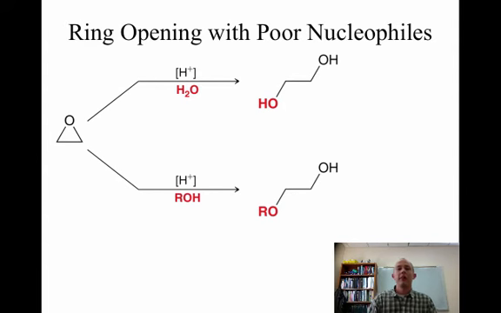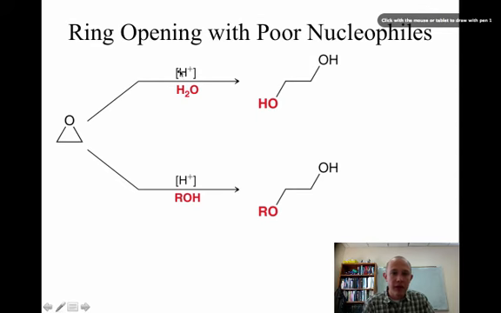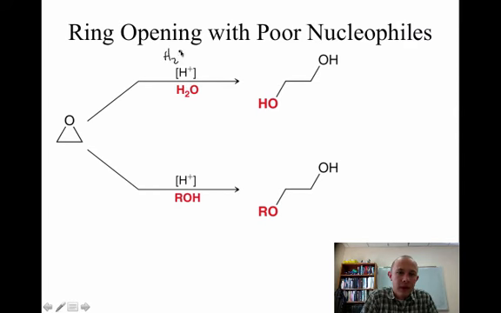Okay, so what happens if we want to use a poor nucleophile? Well, think about this as an SN1 kind of reaction. This is not an SN1 reaction, but it's like an SN1 reaction. When we have H plus in brackets here, you want to think about some source of protons with a non-nucleophilic counterion, probably in almost all cases, that's going to be sulfuric acid.